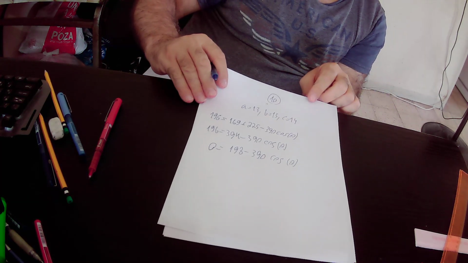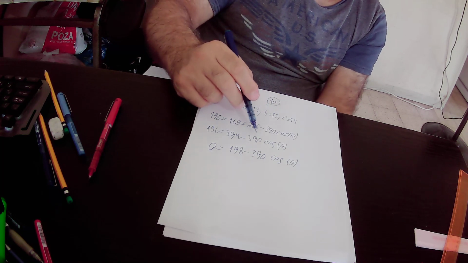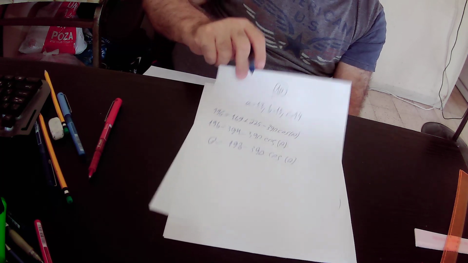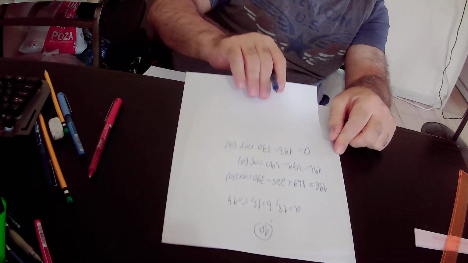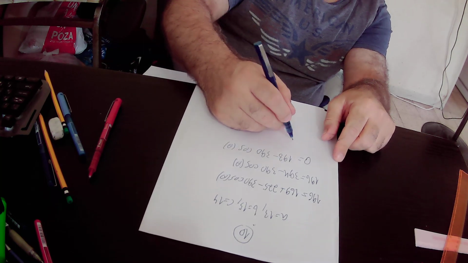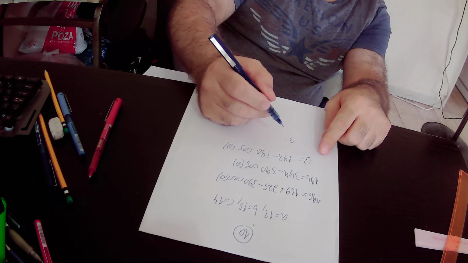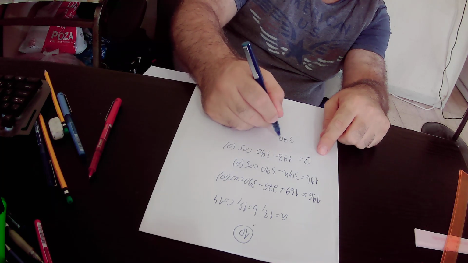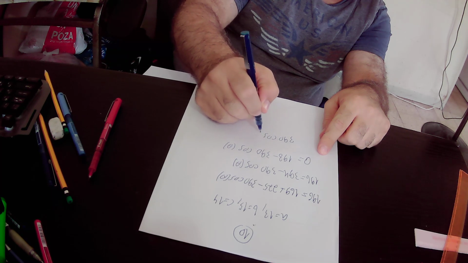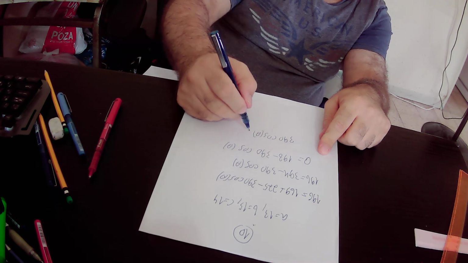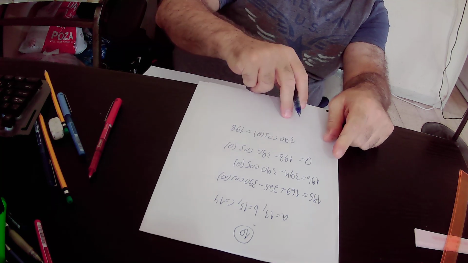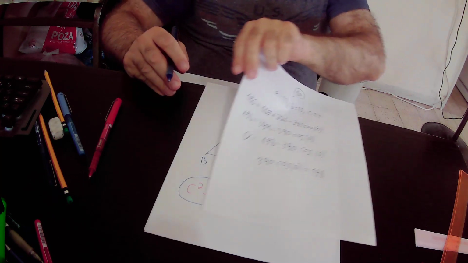Here we will add to this equality 390 cosinus theta, and we will get that 0 plus 390 cosinus theta equals 390 cosinus theta. This equals 198. Okay.